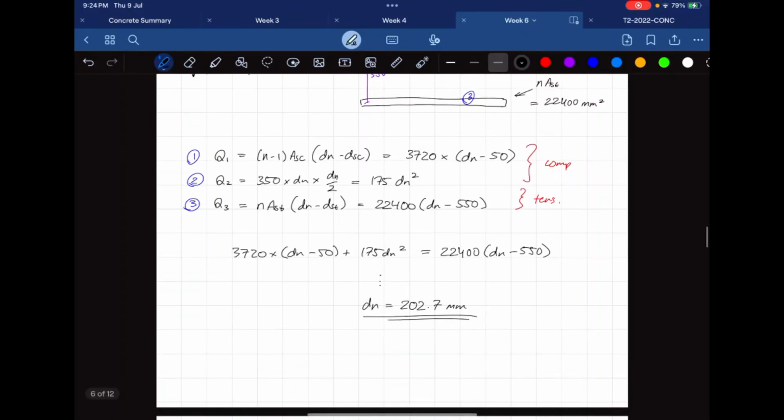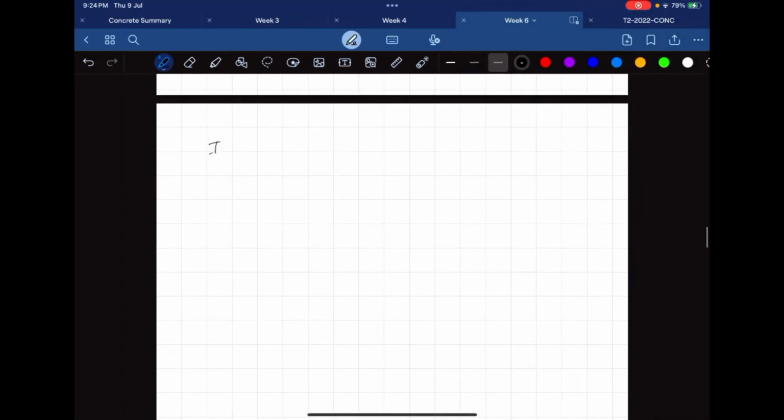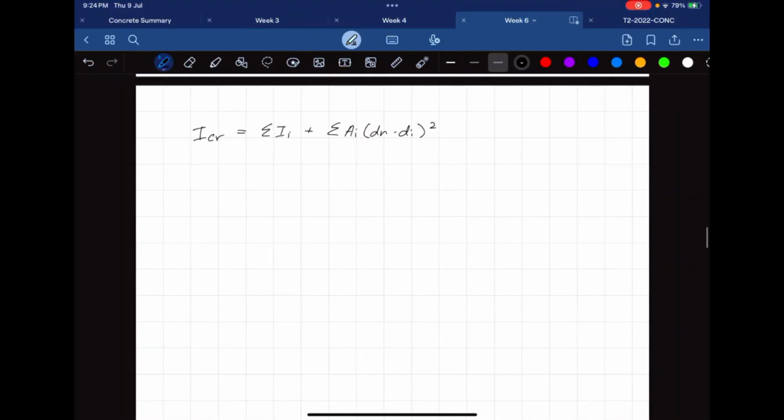Okay. Now the second part of the question is actually to find ICR, which is the sum of that plus AI dn minus di squared. So the hack I was talking about is that for the concrete, all you need to do is 1 on 3 bd cubed.